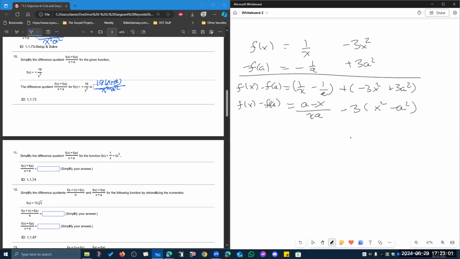And I know I want x minus a, not a minus x there, so I'm going to factor out a negative 1 over xa minus 3 times x plus a, x minus a, and give myself a little room there to divide by x minus a.